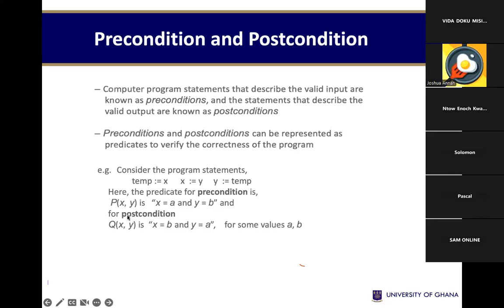For the postconditional values, we have to make use of the precondition values, and the precondition values we are given are the valid inputs. X is A, Y is B.